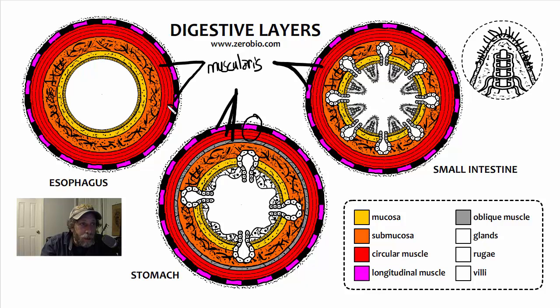The two muscle layers in the esophagus are called the muscularis, and the two muscle layers in the intestine are called the muscularis. All right, so that's an extra thing. It's not a particular specific layer. It's just a collective name for those muscle layers, the muscularis. And the muscularis of the stomach differs from that of the small intestine and the esophagus by having that extra oblique muscle layer.